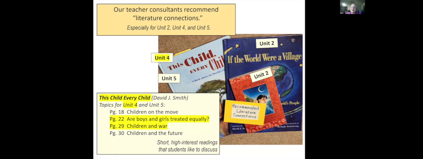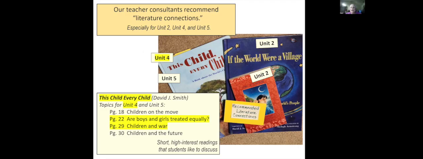We started working on grade 6 curriculum in about 2016, and the teacher consultants who were helping back then were Sharon and Andrea, and they came up with the most wonderful literature connections. And please let us know if there are things that you think we should add or suggest or emphasize.